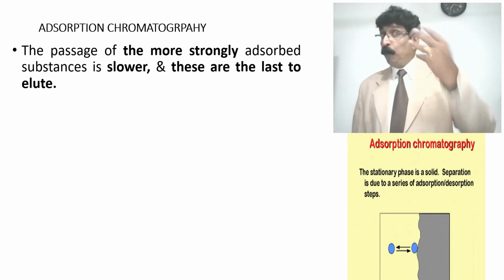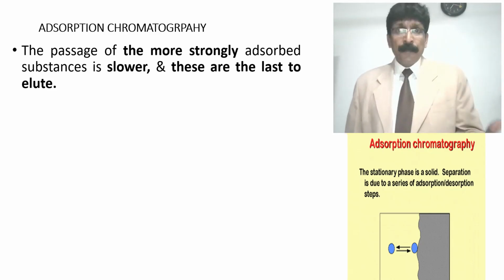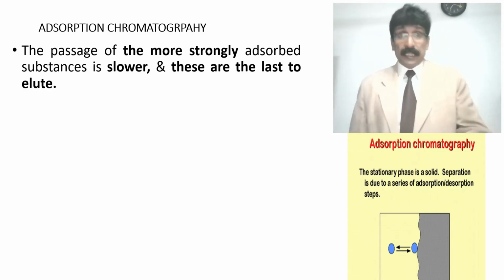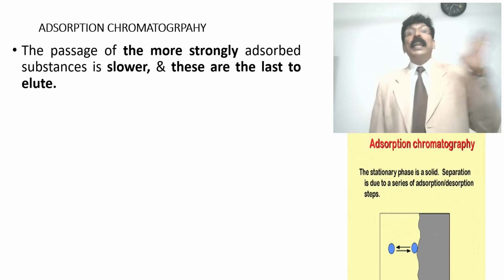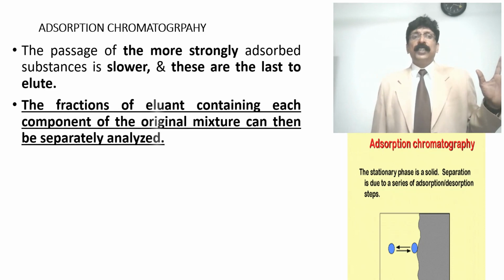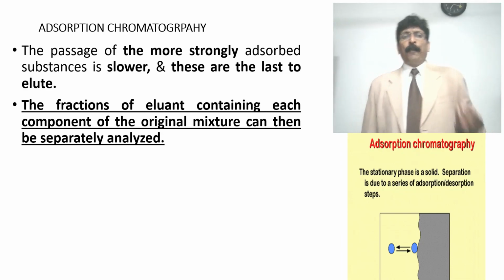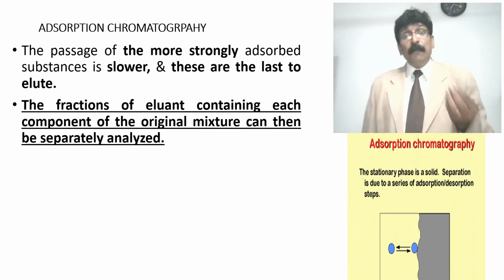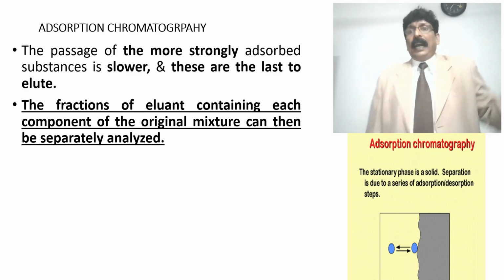The moon-shaped protein was very strongly adsorbed because it has more affinity towards the ligand which you selected. So slowly, finally it is separated. Last it is eluted. The fraction of eluent containing each component of the original mixture can then be separated and analyzed.